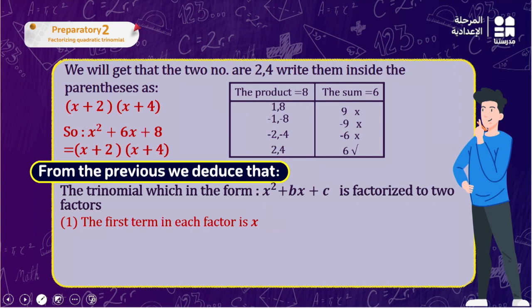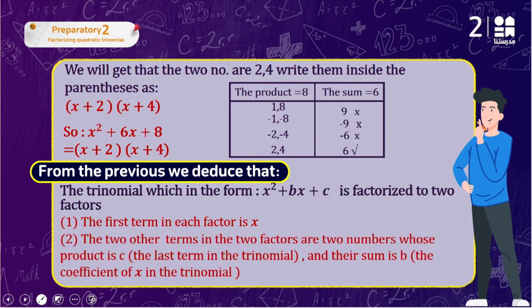Okay, the trinomial which is in the form x squared plus bx plus c can be factorized as this.